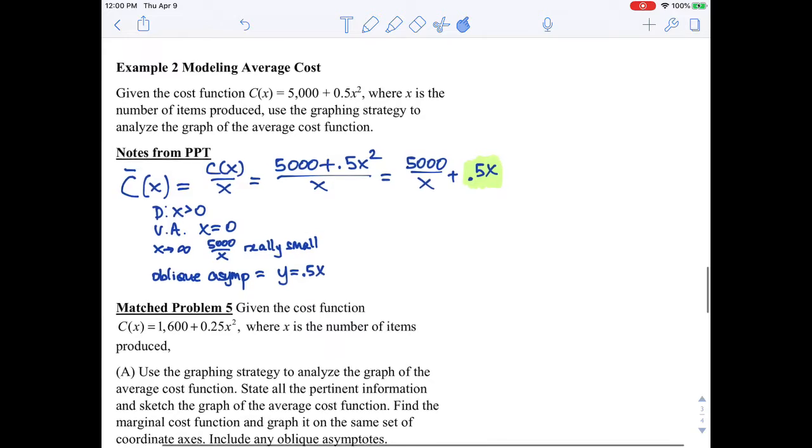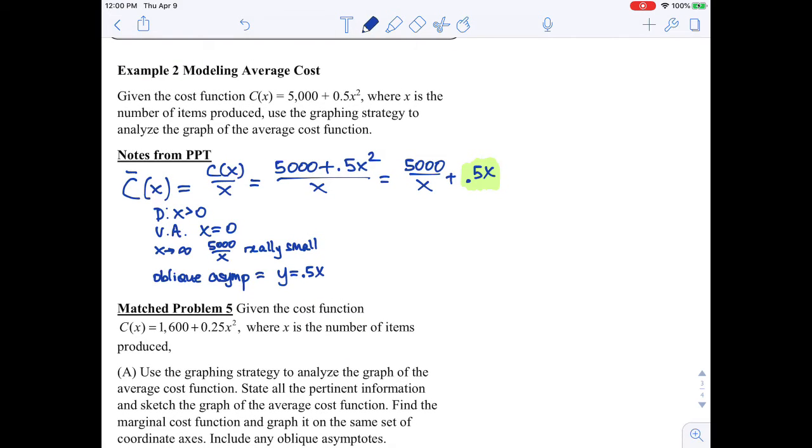That's the first step. Second step, analyze the first derivative of our average cost function.